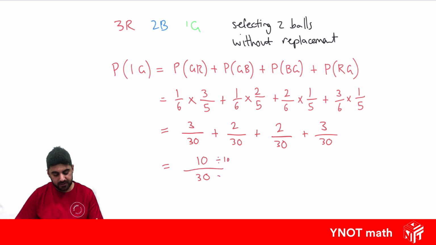These are both divisible by 10. And we get our final probability being 1/3, which is different to when we were able to put the balls back. So with replacement, remember the probability was 5 over 18, so you do get a different answer.